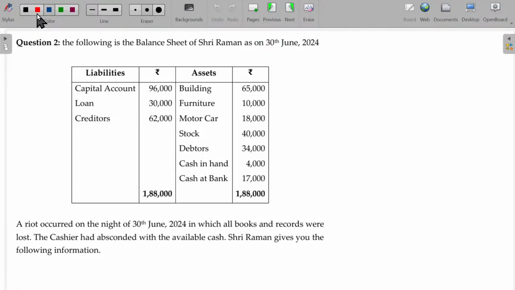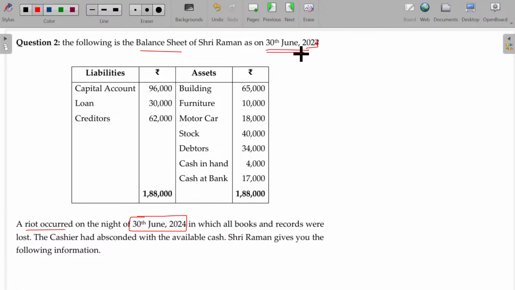Question number 2. So we have been given the balance sheet of Sri Raman, and a riot occurred on the night of 30th June 2024. So this is the balance sheet as on the date. This may be 23. You can change the date.